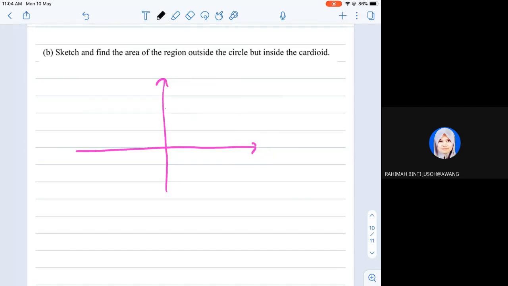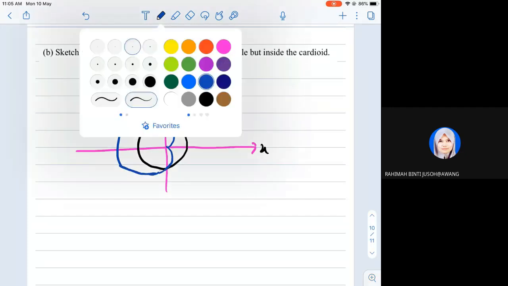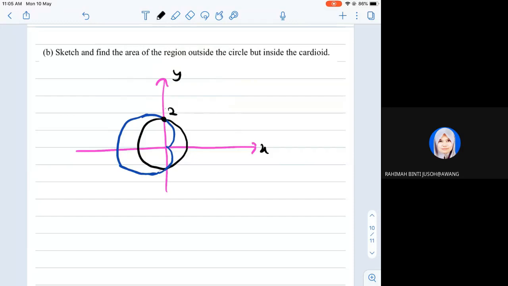Wait a moment. So we have this circle. I'll redraw it so you can see. Circle, then we have the cardioid. Outside the circle but inside the cardioid.